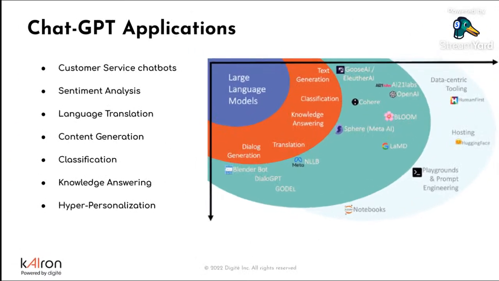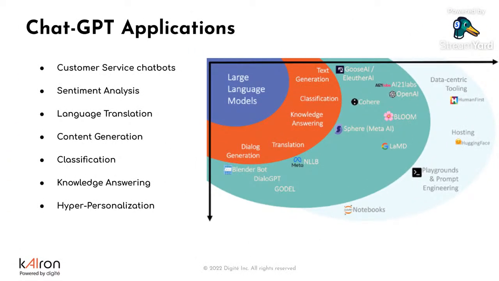So when we talk about ChatGPT applications, we have now understood how ChatGPT occurs and how it has evolved from different basic language models. Now the question is how we can utilize the capability of ChatGPT.